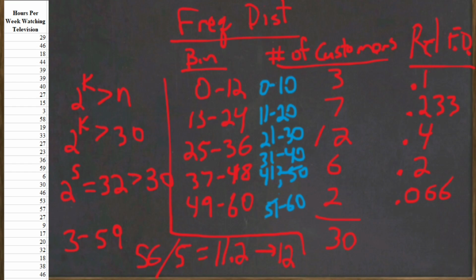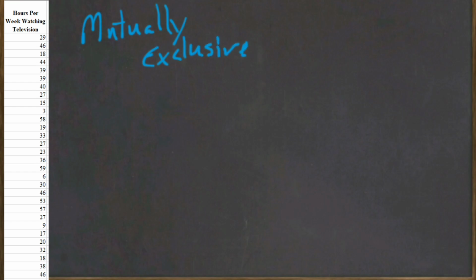The other thing that I want to drive home is that we have the same 2 concerns that we did with the frequency table. Remember, at that time we talked about the concepts of mutually exclusive and collectively exhaustive.